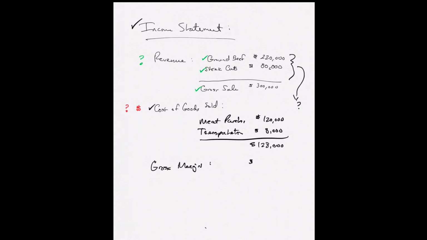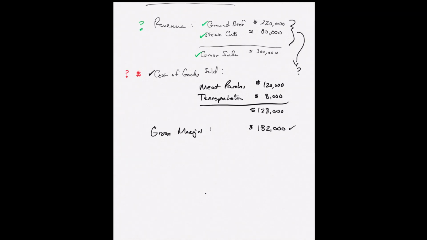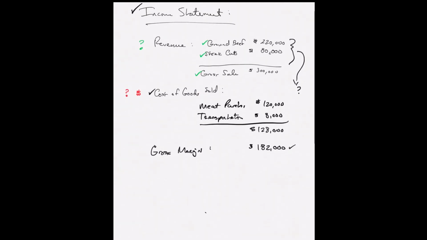So the difference between our gross sales of 300,000 minus the 128,000 of cost of goods sold would be somewhere in the neighborhood of, let's say, $172,000. That would get us to our 300,000 in sales. So gross margin is, again, gross revenue minus cost of goods sold.